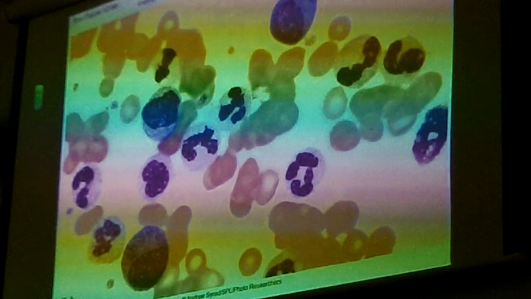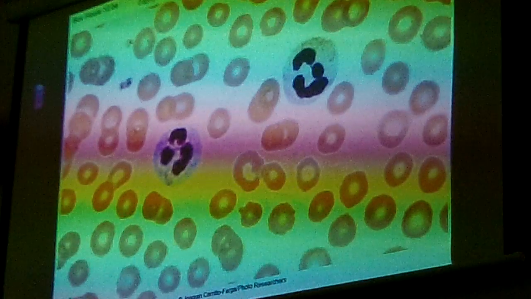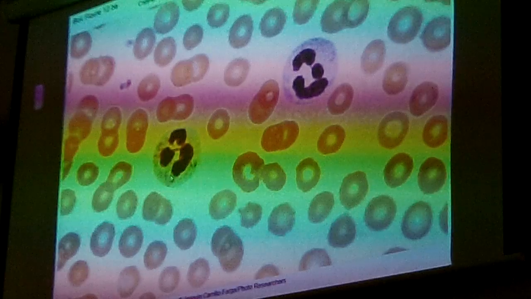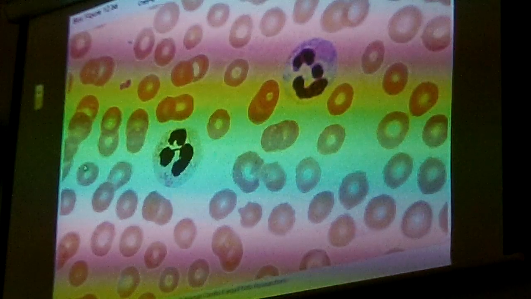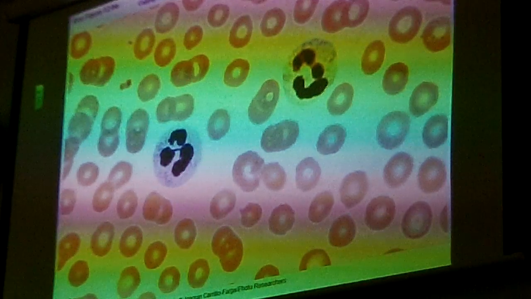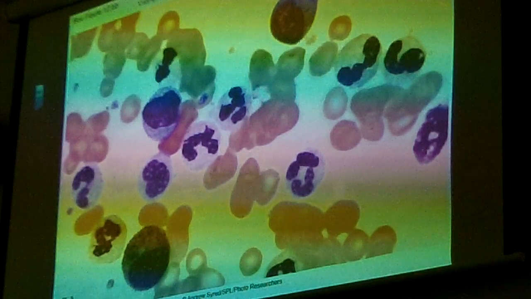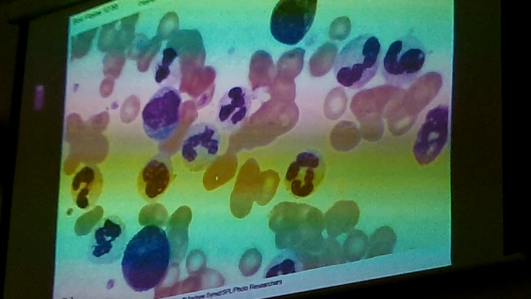Okay, check this out. This picture's normal blood. Doesn't that look familiar? What kind of white blood cell is that? Neutrophil. And what are these cells called? Erythrocytes. Here's a person with leukemia. Look how many white blood cells they have. All you have to do is look at the blood under a microscope, and you can tell if somebody's got leukemia.